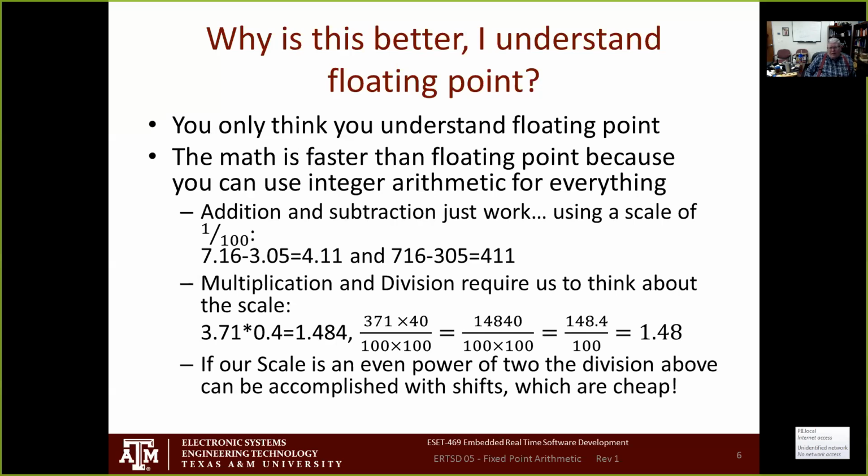Well, if you take 371 times 40, these two values here, this value is actually 371 over 100. This is 40 over 100, or it could be 4 over 10. You multiply this one out, you multiply this one out, and then you say, okay, well, I want to get this back to this same scale factor. And so I have to divide top and bottom by 100 to get back there, and then I get back to my 1.48.